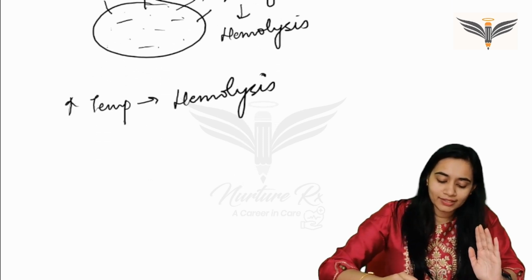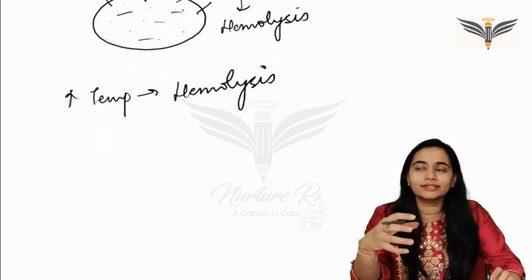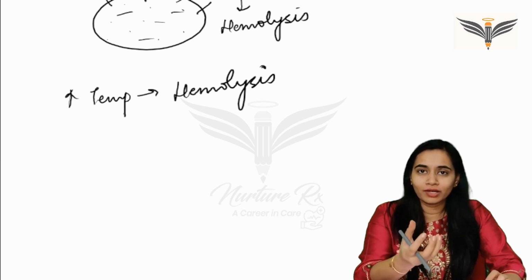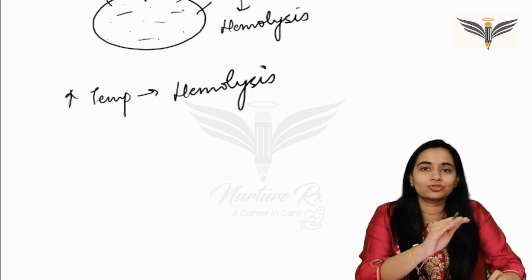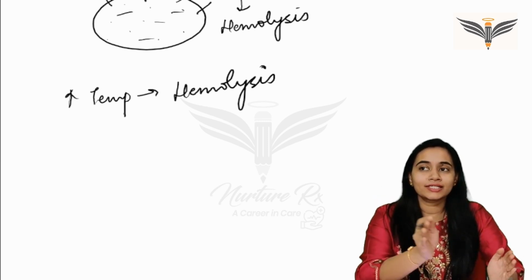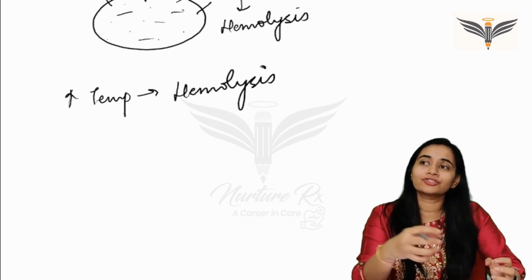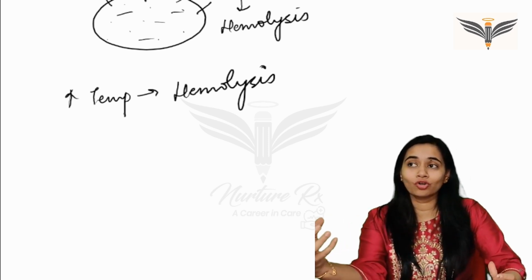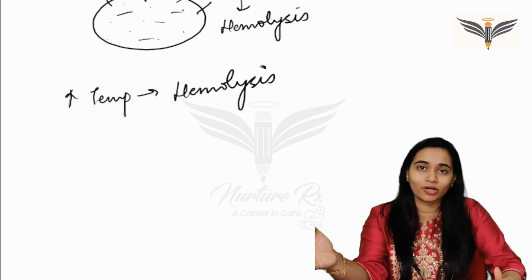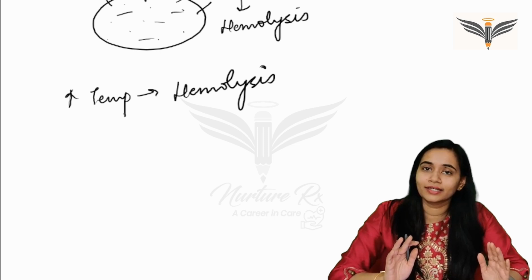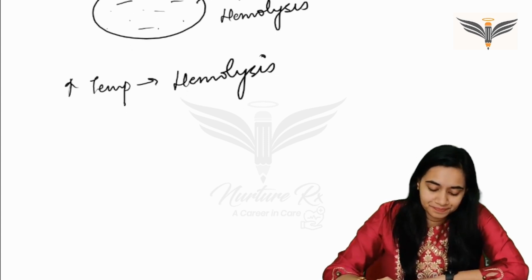Okay. Other thing is at 4 degrees centigrade, the metabolism of PRBC is reduced to a minimal state. So whatever nutrition it is having and whatever nutrition we are providing, that is sufficient for it to survive for a long duration of 35 days or 42 days. Okay, so that's why 4 degrees centigrade has been chosen.